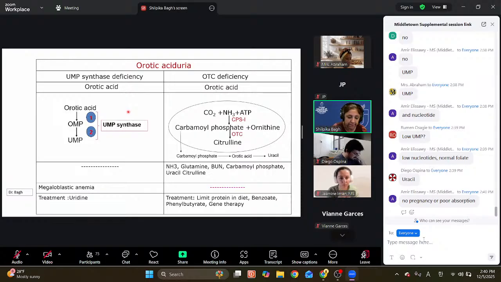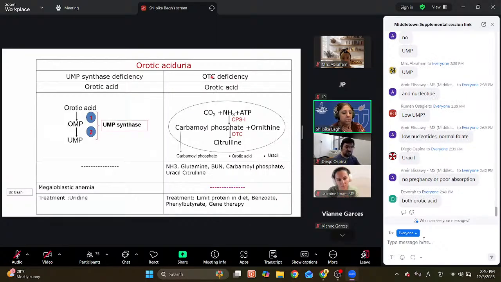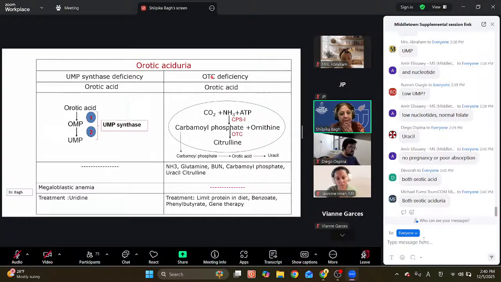But then how would you differentiate? Why am I doing differential between UMP synthase and OTC deficiency? What is common to them? Both have orotic acid in urine. Absolutely excellent answer. But what is differentiating?